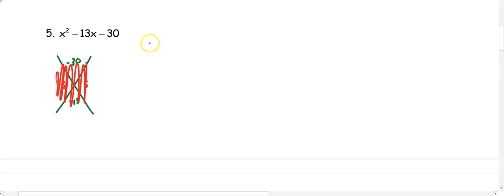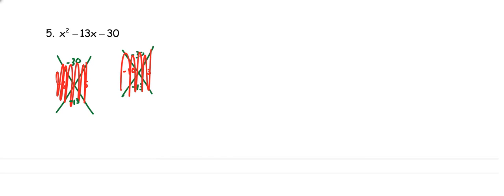Two other numbers that we know multiply to negative 30 are 10 and 3. So let's say negative 10 and positive 3. Those don't add to negative 13 because they're not both negative numbers. So that combination is not going to work.